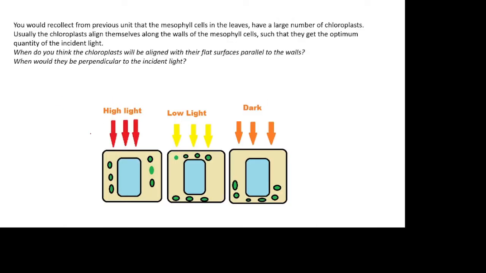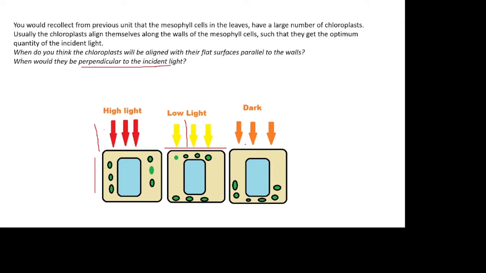If you see the position of the chloroplast during the light hours and dark hours, you will find that during high light, the chloroplasts are on the flat surface, parallel to the wall. During low light, they have to take the maximum amount of light from the sun, so they come perpendicular to the incident light.